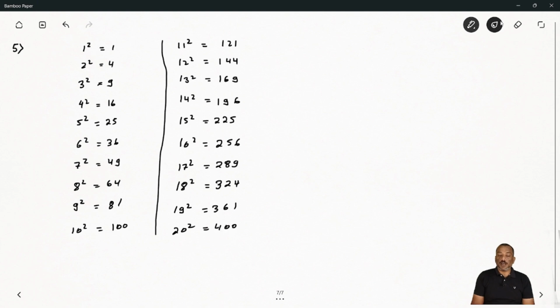Now, by seeing this pattern, you can see what I want to express. We can see that a square number always ends with a few particular digits.